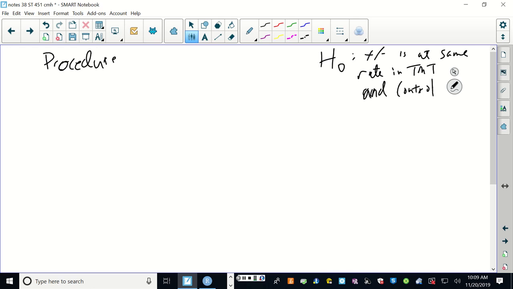Kind of the split between positive and negative is at the same rate, so it doesn't depend on whether you have treatment or control. And the alternative is there is an association.